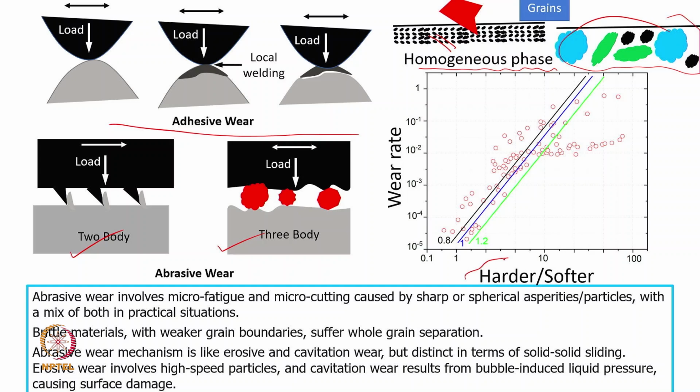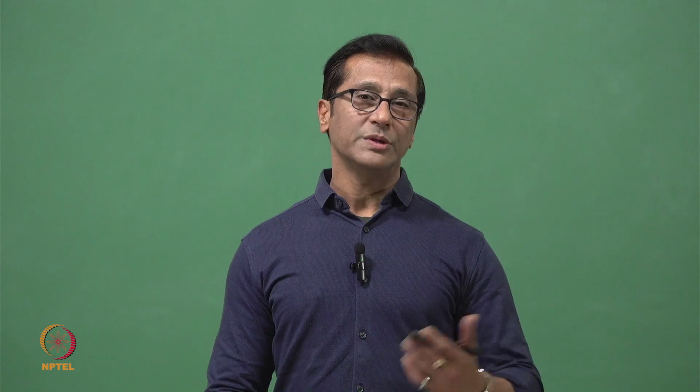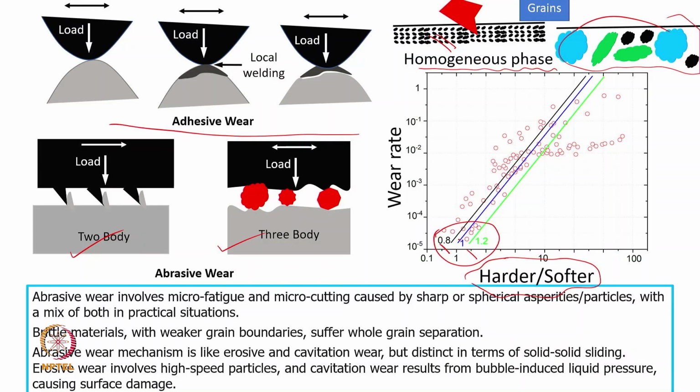Another one, the hardness ratio of the softer material and the harder material should be in the range of 0.8 to 1.2. It should not be much more or much lesser, because the abrasion will be much higher. So if you want to keep a control on abrasive wear, we try to keep this hardness ratio at 0.8 to 1.2, otherwise more wear will occur.